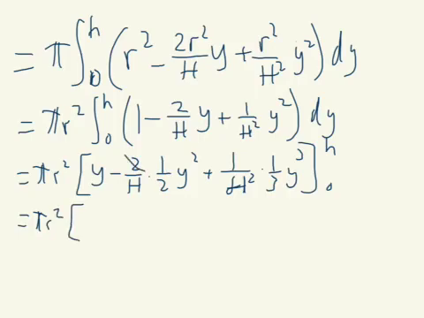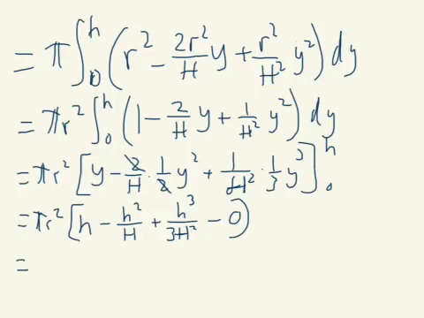Those 2's are going to cancel, by the way. You just replace your y's with h's. So this is going to ultimately become little h squared over big H plus little h cubed over 3 big H squared. And then we plug in 0, they all go to 0.